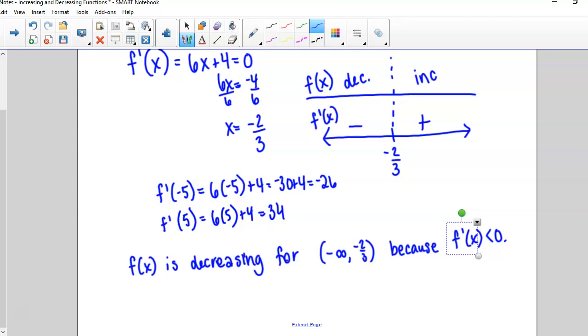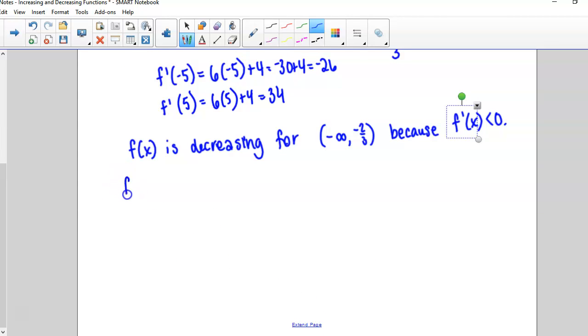Please be very careful here. Do not say it. So if you say f of x is decreasing for negative infinity to negative 2/3 because it is negative, they're not going to give you credit for that, because they don't know if it means the function or the derivative, because the function could be negative yet still increasing. So we have to be talking about the derivative there.